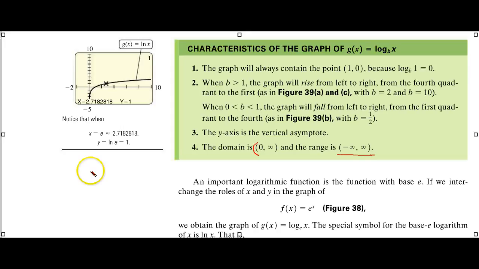Now, the letter e is often used in logarithms, and we think of this as what we call the natural logarithm. The symbol on your calculator for this is ln. You might say, how come the letters are reversed for natural logarithm?